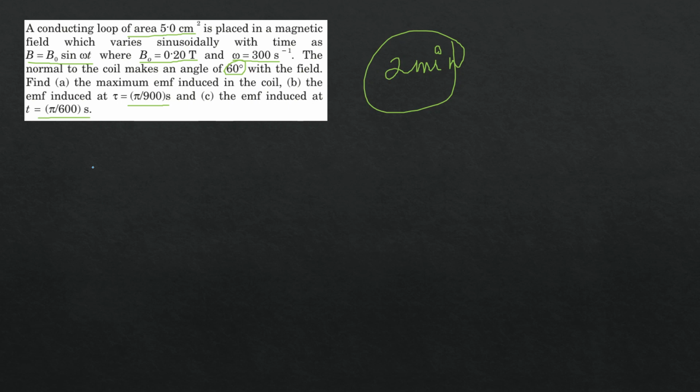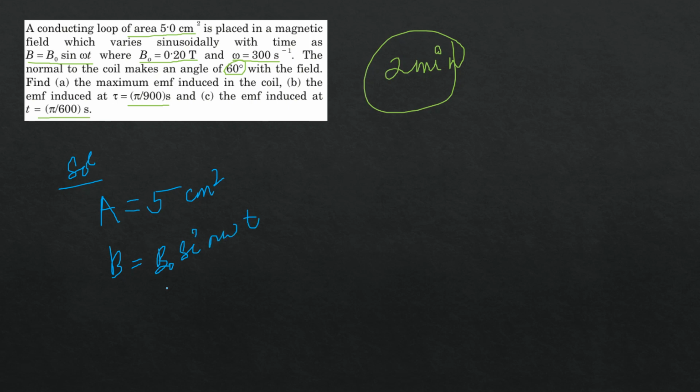Okay, see the solution. Conducting loop of area 5 centimeters square. So we'll write down all the data that is given in the question. This is 5 centimeters square, placed in a magnetic field which varies sinusoidally with time as B is equal to B naught sin omega t.